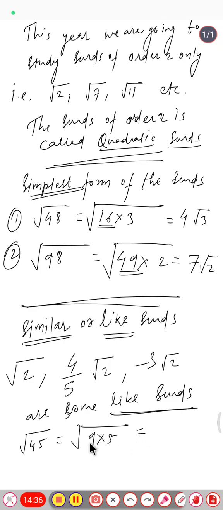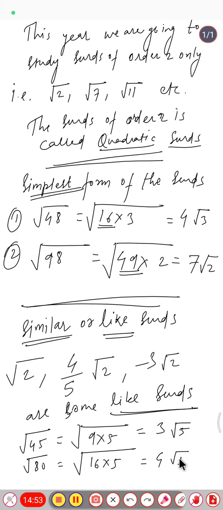So the square root of 9 is nothing but 3 root 5. Similarly we take root 80, so 80 is nothing but 16 into 5, therefore the 4 outside and the same number inside, so we can say that these are like surds.